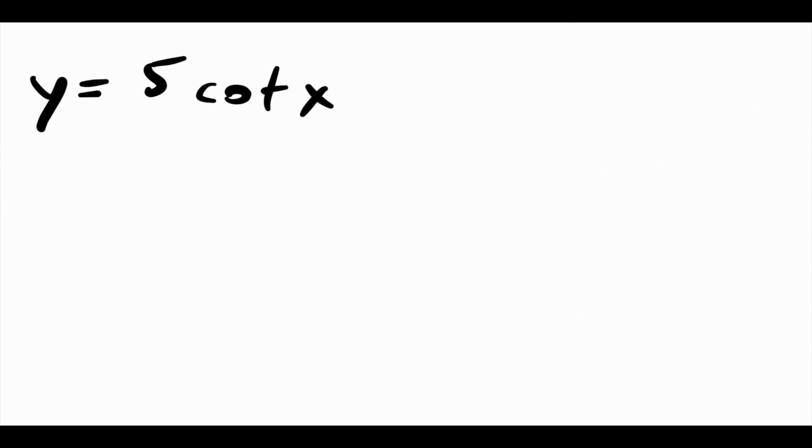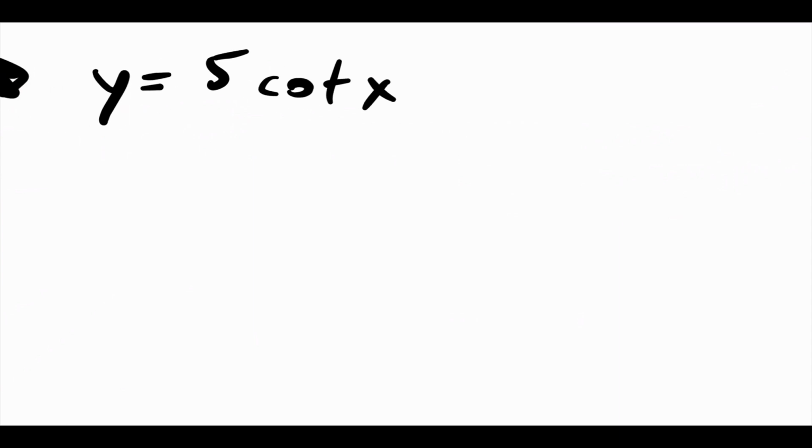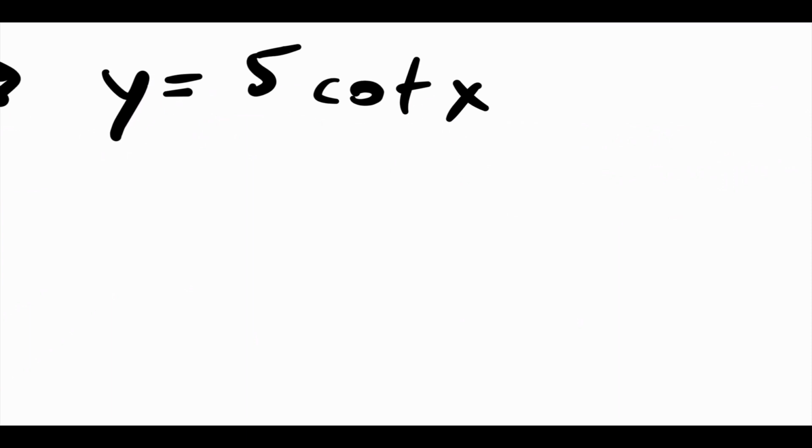Do I need to use the product rule for this guy? Do I need to do the exact same thing I just did with the last guy? Because it's 5 times this guy. This is a big mistake I see. 5 is a coefficient. It's just going along for the ride. So you don't need to do the whole product rule for that.